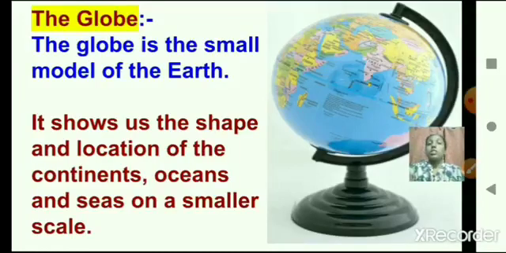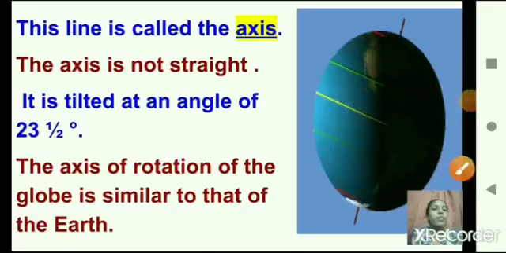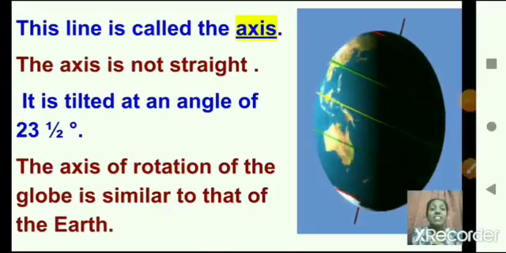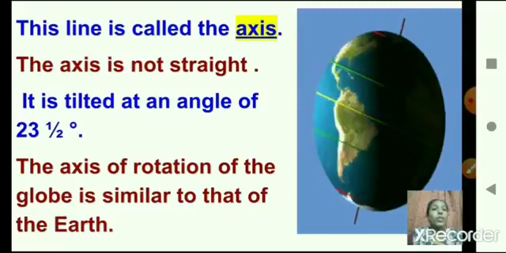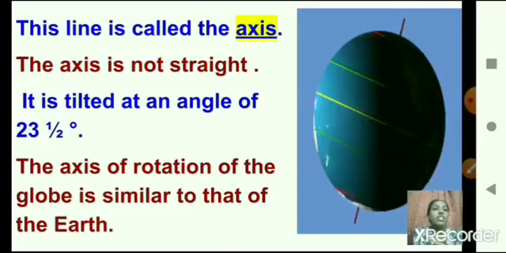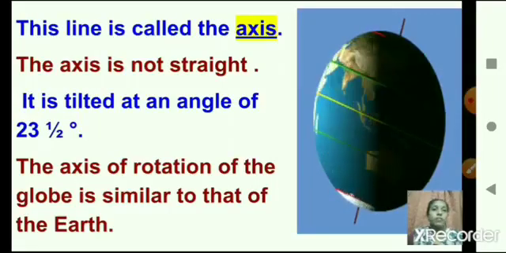It shows us the shape and location of the continents, oceans and seas on a smaller scale. The earth's axis is tilted at an angle of 23.5 degrees to the vertical.